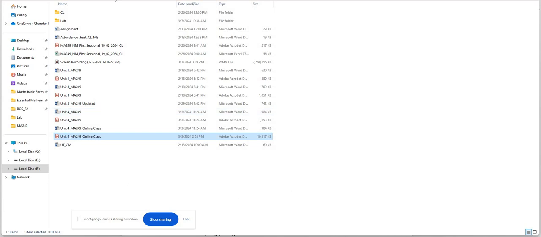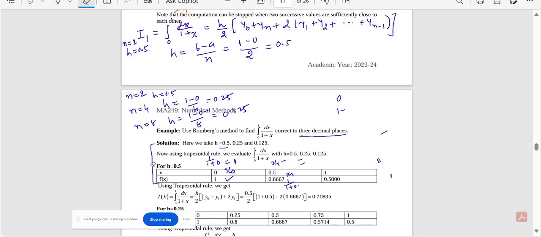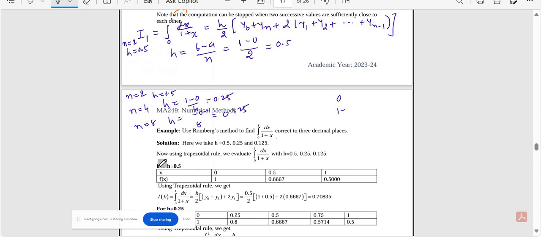Okay, so we go for our next table. You can see everybody here, the first step is to find the value of the integration with the help of the trapezoidal rule for h is equal to 0.5. So your x0 will be 0, your x1 will be x0 plus h, so 0.5, and x2 will be x1 plus h, or you can say x0 plus 2h, so 0.5 plus 0.5, so 1.